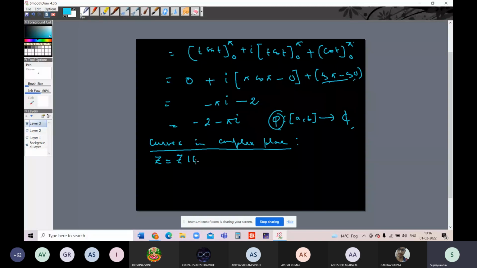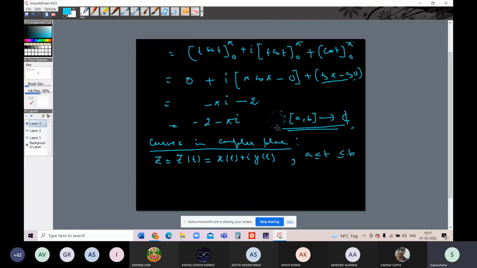This is z(t), and z(t) we can represent, because this is a complex valued function, so it must have real and imaginary parts. So we can write it like x(t) plus i y(t) for all t, where this t lies between the interval a and b.